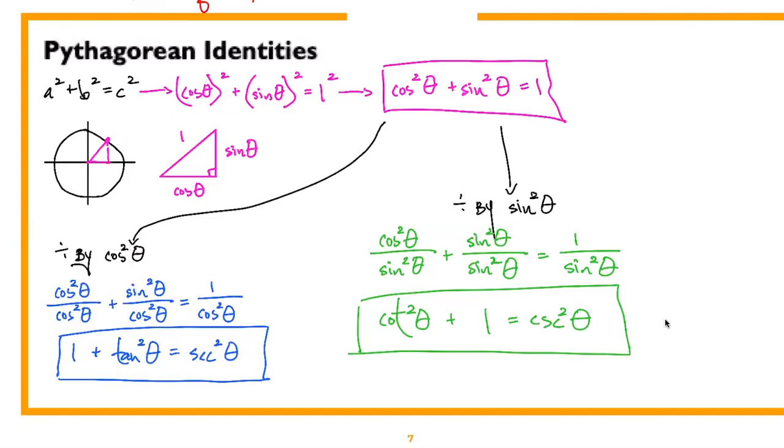So to kind of prime us a little bit, what could I call this? If I wanted to write sine squared theta in a different way, oh, it froze on me, hold on.